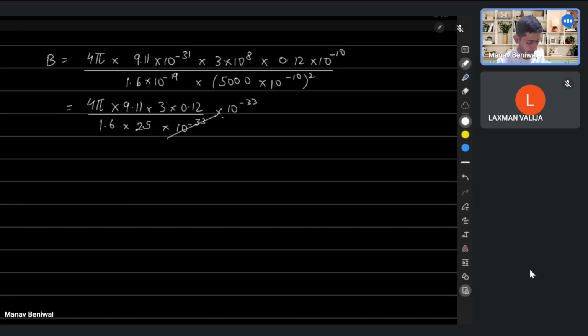So these will just cancel out, and we are left with this. We can just plug all these values in a calculator, and what we get is a value which is very close to 1. So we can write B as simply 1 Tesla.